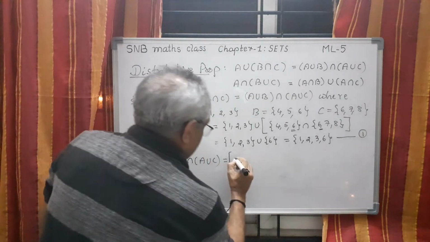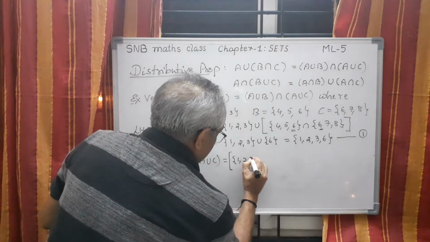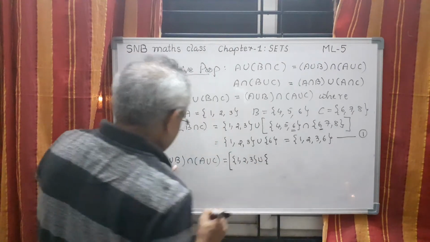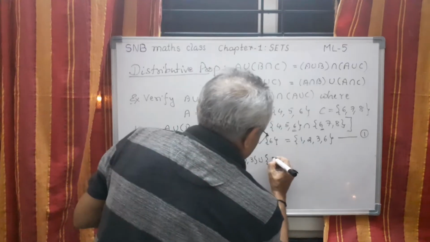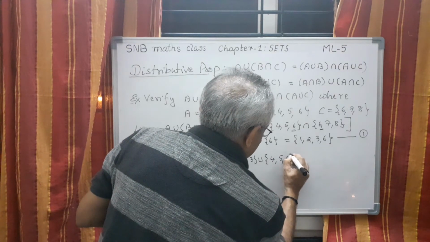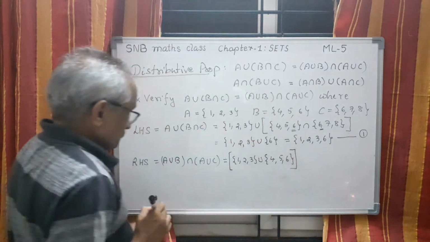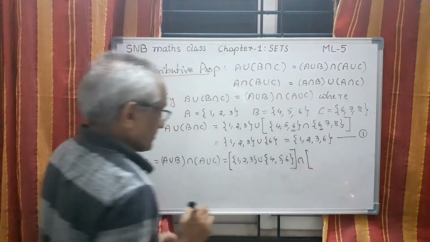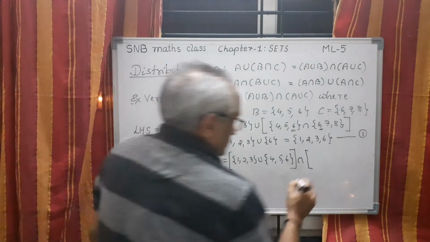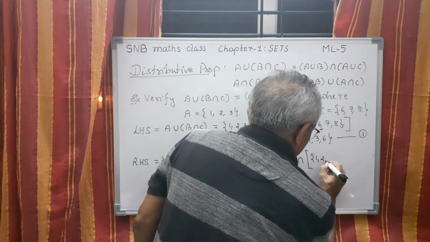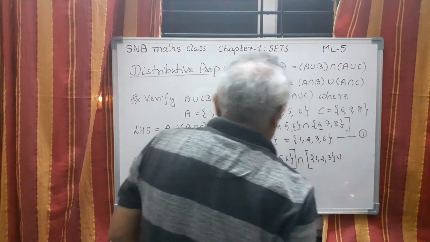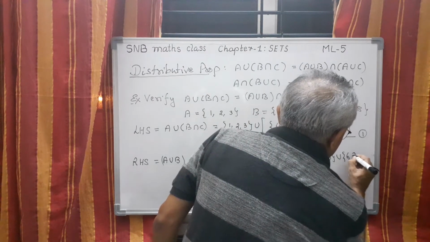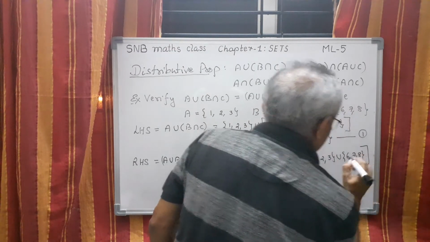A union B we write: 1, 2, 3, then union B, that is 4, 5, 6. Close the bracket. Here it is intersection. Exactly the same way we write A union C: 1, 2, 3, then union C, which is 6, 7, 8. Then close the bracket.